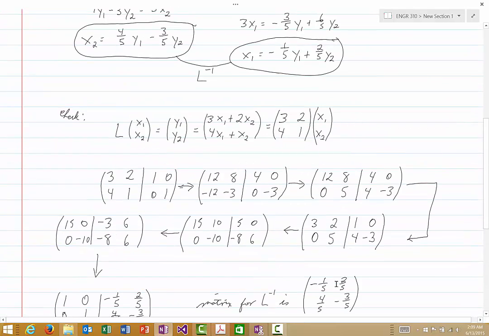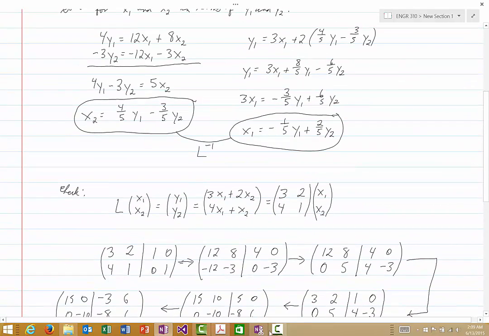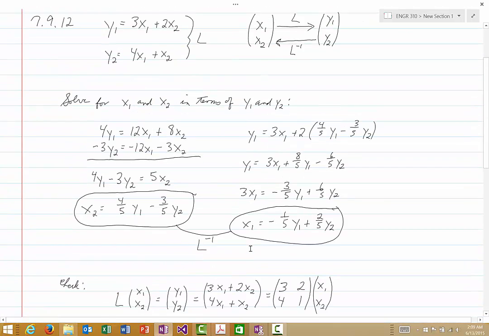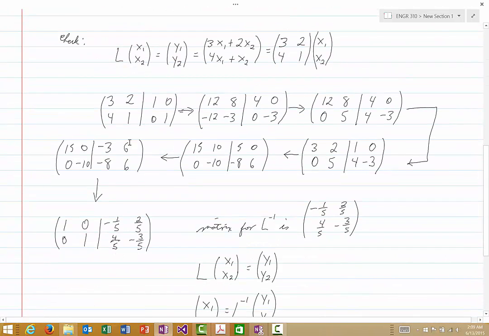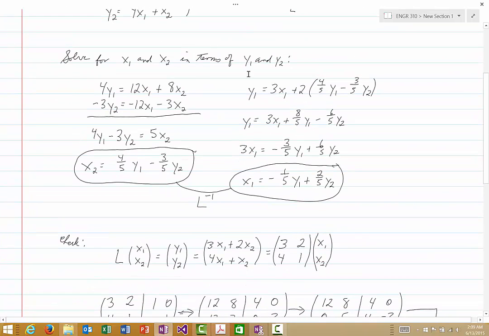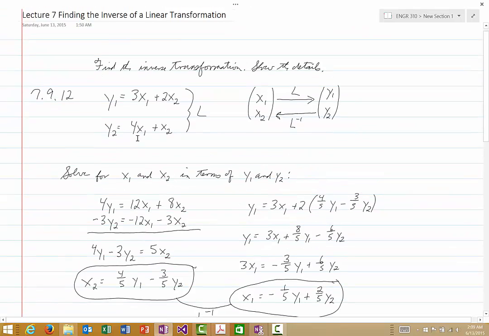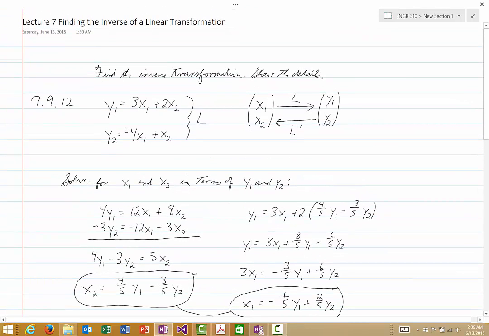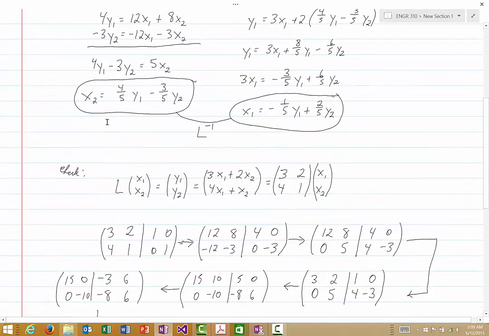So I think that finding the inverse matrix is probably a somewhat more systematic way of doing this, but you can see from the way we did this that a lot of the same numbers and a lot of the same steps are coming up as what we did above. So however you wish to do this is fine. Either way can be used to find the inverse of a linear transformation.